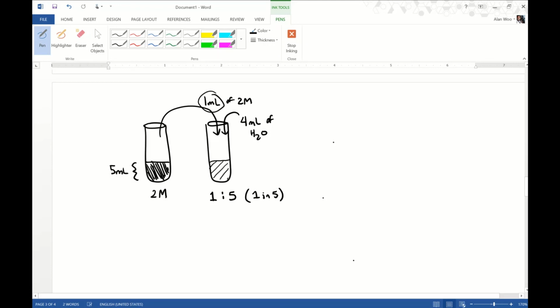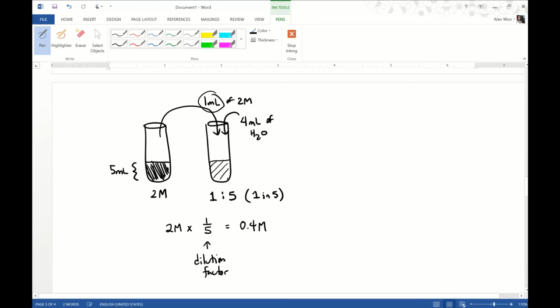So again, I'm just showing you the two ways that we can write that. When we do something like this, in order to calculate the actual dilution, I use my dilution factor of 1 over 5. So 2 times 1 divided by 5 is 0.4. So it'd be 0.4 molarity.